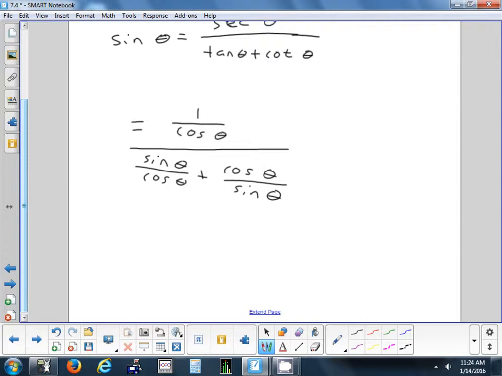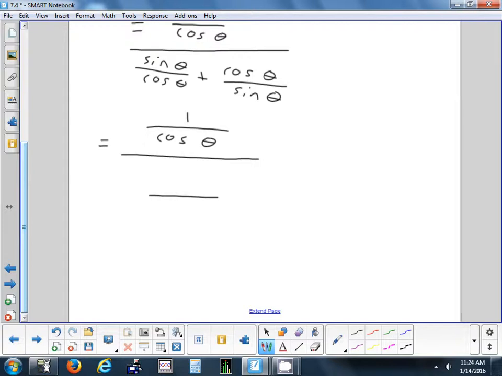What can I do in the bottom? Yeah, let's find a common denominator. What's the common denominator here? Sine times cosine, or cosine times sine, same thing.